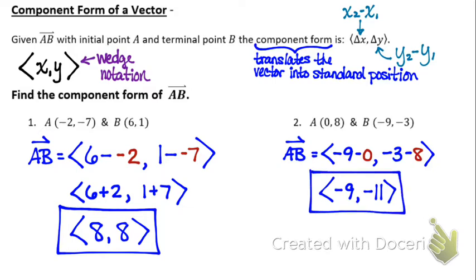You guys okay with that so far? Okay. Once I have it in this form, I can tell what quadrant the terminal point would be in. What quadrant would this terminal point be in? Where is the point 8, 8 on a graph?